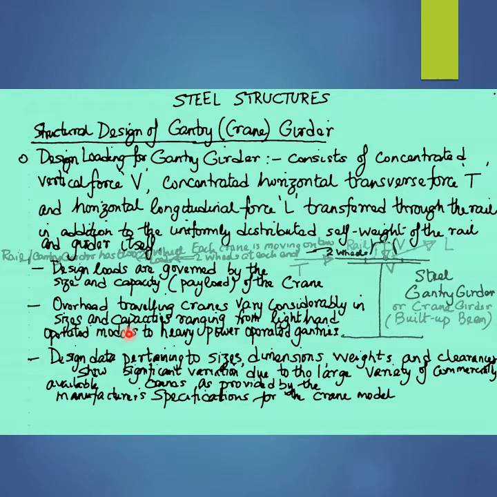Since overhead electric cranes vary considerably in sizes and capacities, based on the wide variety of commercial overhead electric cranes that are available in the market, ranging from light hand-operated models to heavy power-operated cranes or gantries.